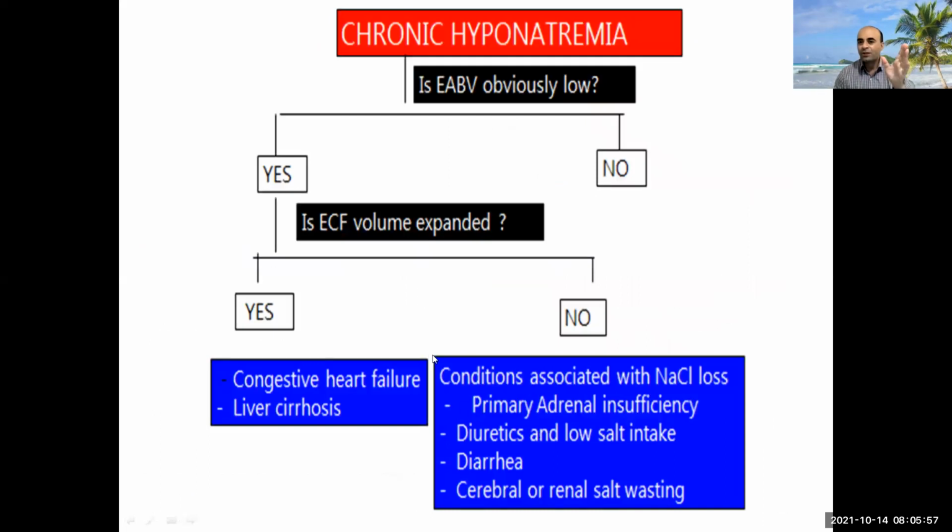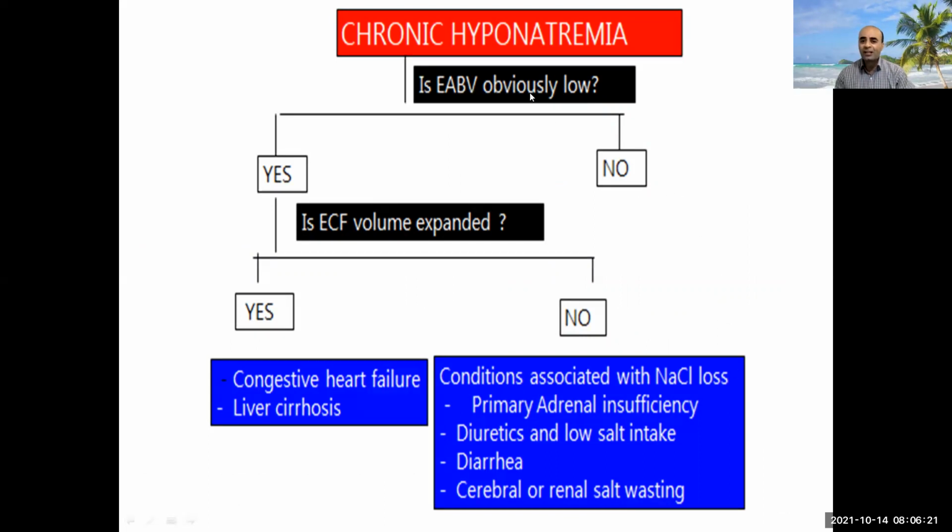Don't forget, if your patient has no symptoms, is stable, and clinically, vitally everything is okay, with chronic hyponatremia, just to remind you, please check his volume status. Is this patient volume depleted or volume overloaded? Check the effective arterial blood volume. If low, if no, we go to the second algorithm.